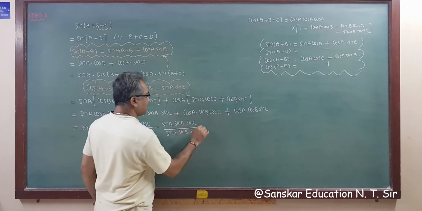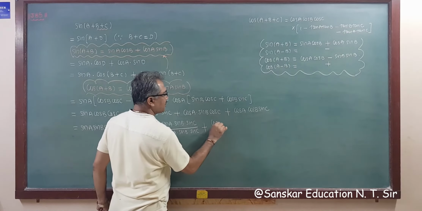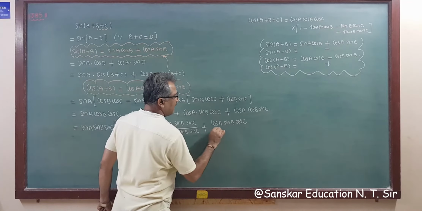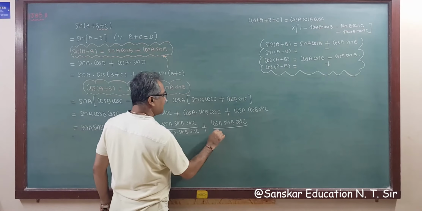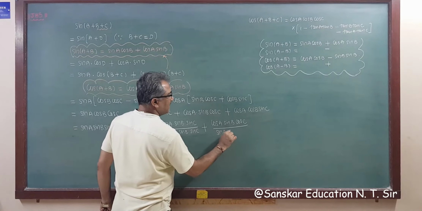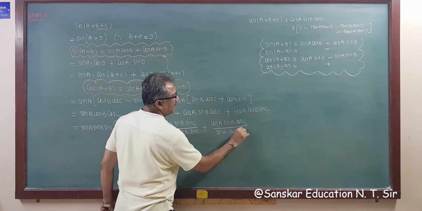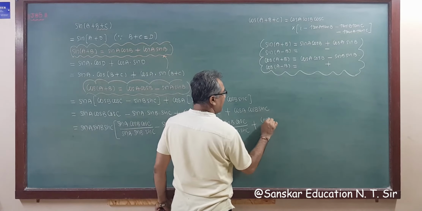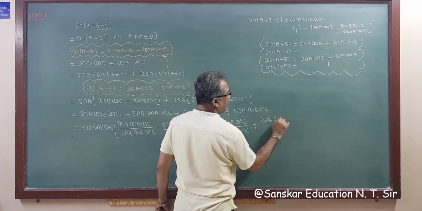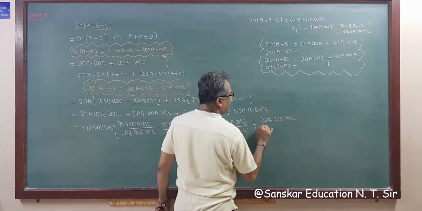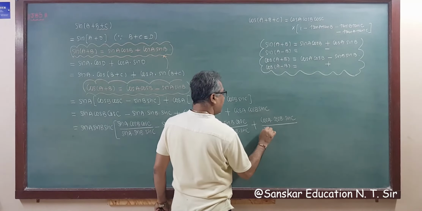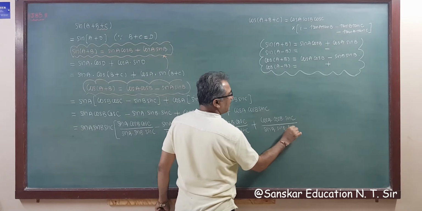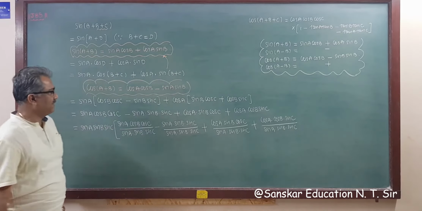Here plus cos A sin B cos C whole upon sin A sin B sin C, and plus cos A cos B sin C whole upon sin A sin B sin C, right?